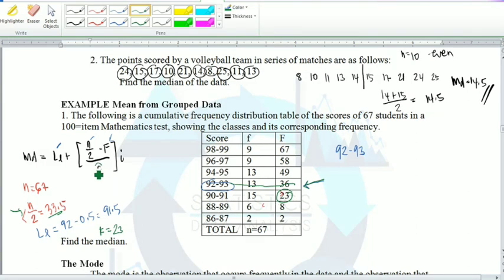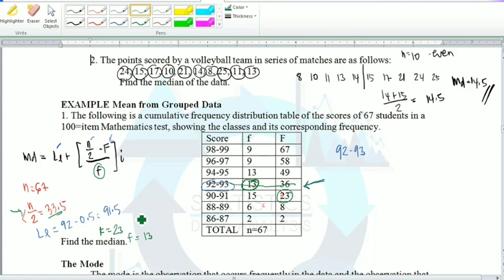Now, how about for the value of your frequency? Now, the value of the frequency, class, is the frequency in your middle class. In this case, our frequency is 13. Do you follow, class? A little bit complicated, pero i-practice niyo siya.